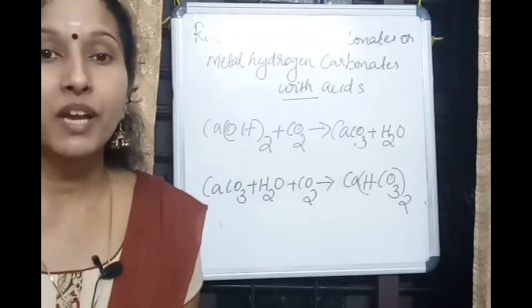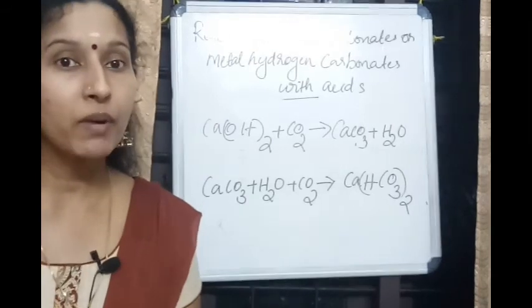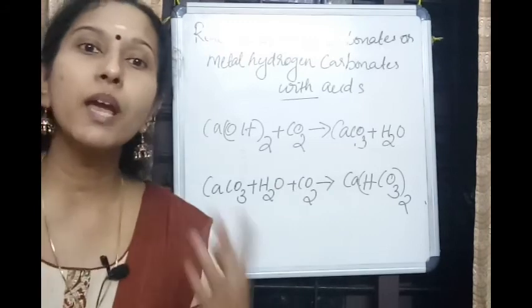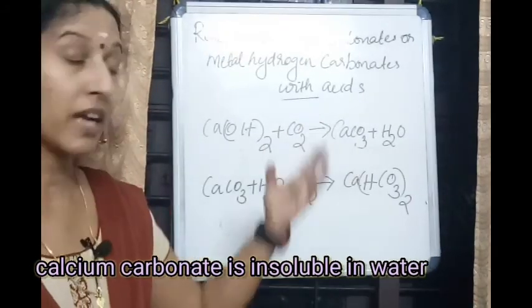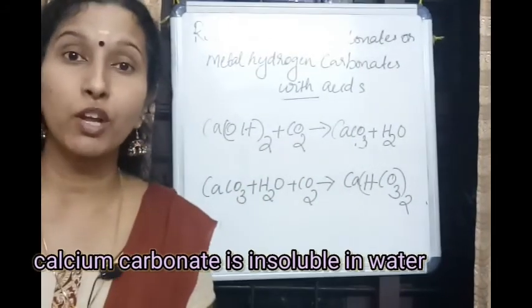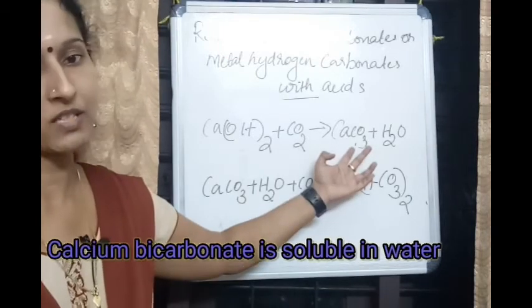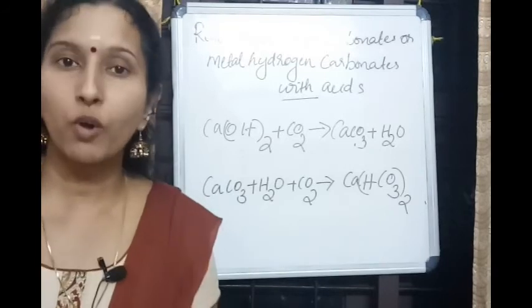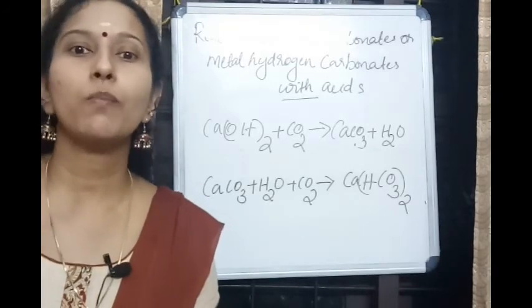We get calcium bicarbonate on passing excess carbon dioxide gas. If we pass a limited amount of carbon dioxide, we get calcium carbonate as the product. If we pass an excess amount, we get the product calcium bicarbonate, which is soluble in water.